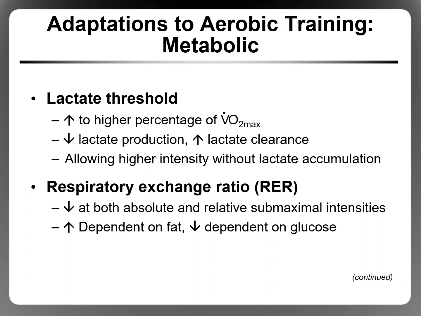So the cool thing is when we train, we can actually have a lactate threshold and delay it to later in our VO2 max. This is because we can either have a decrease in lactate production because we are much more efficient with our oxidative capacity, or we become much more efficient in clearing the lactate we are accumulating. Basically, when we can train our lactate thresholds, we are allowing ourselves to perform a higher intensity of physical activity without that detrimental lactate accumulation.